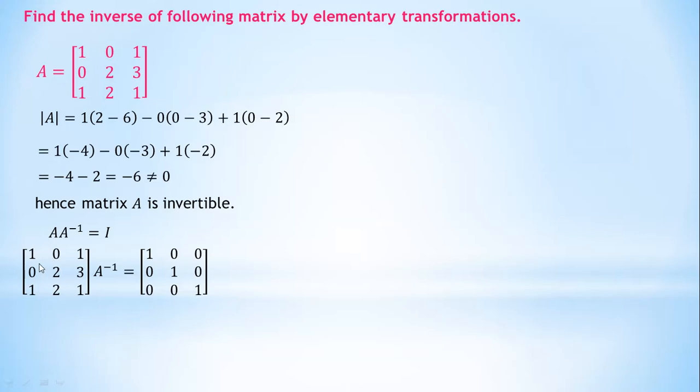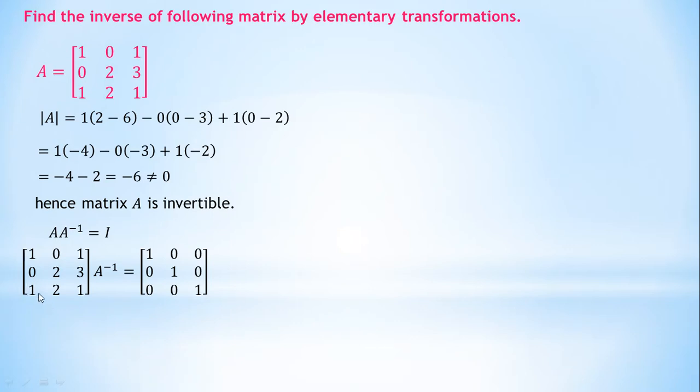So here 1 is already there, so we get 1 here as it is given, then here it is 0. Now we require 0 here, so we will use the proper transformation to convert this into 0.